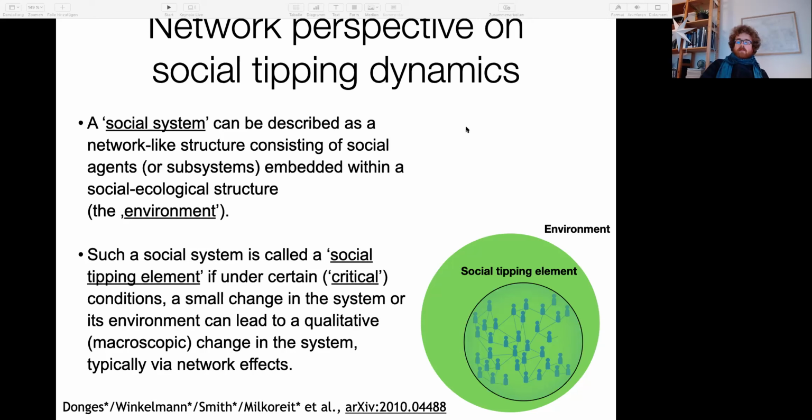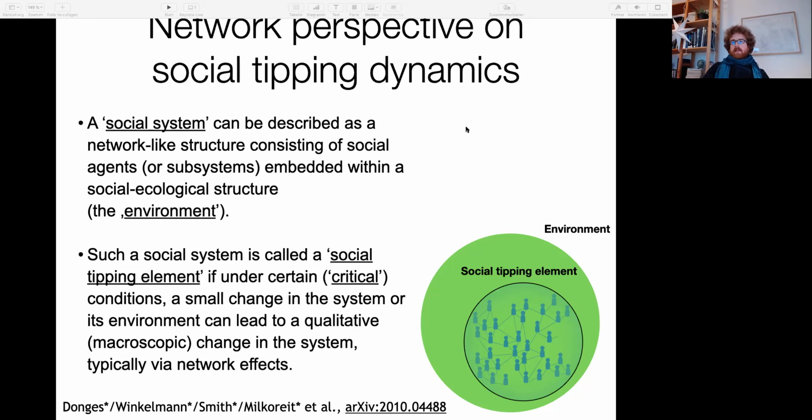And this social system could also be a multi-layer, multiplex network, whatever you like, of course, but it is certainly possible to describe it by a graph or hypergraph type structure, or that's what we propose at least. And then this system is called a social tipping element if under certain critical conditions, a small change in the system or its environment can lead to a qualitative macroscopic change in the system, typically via network effects.